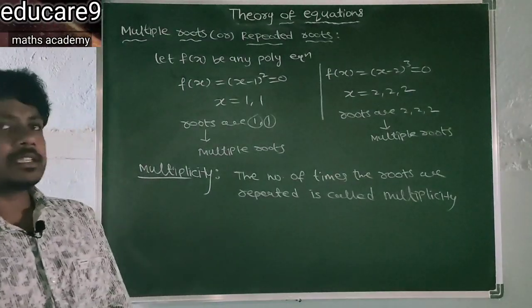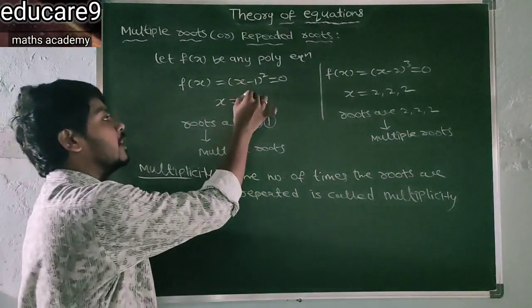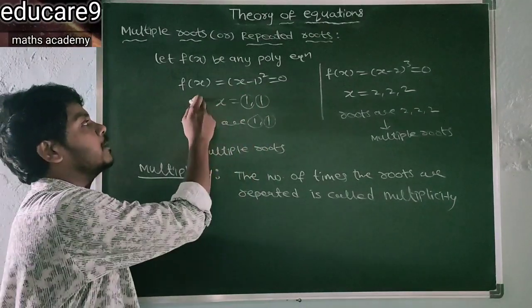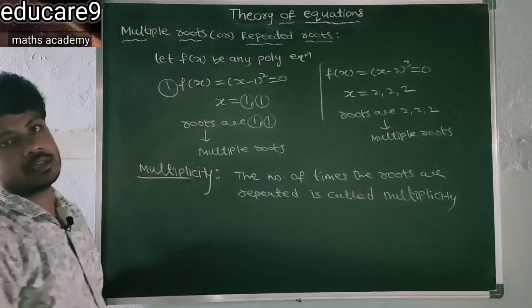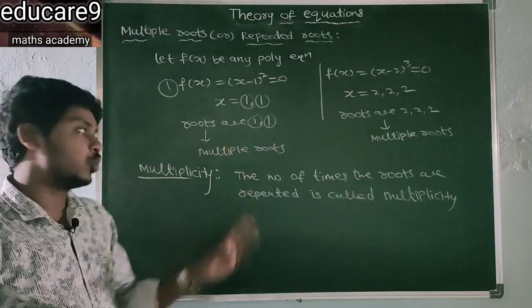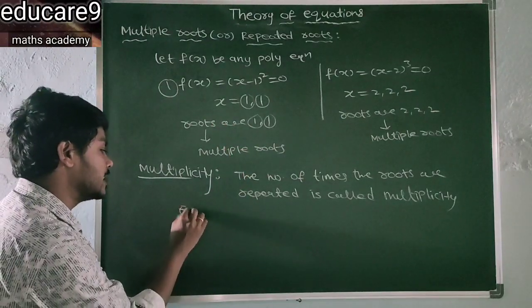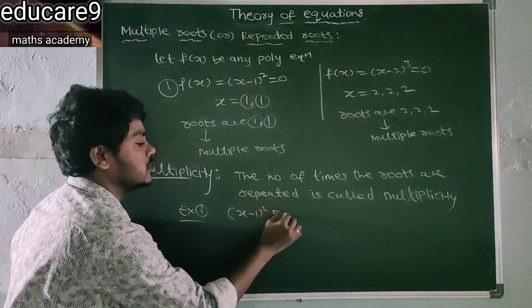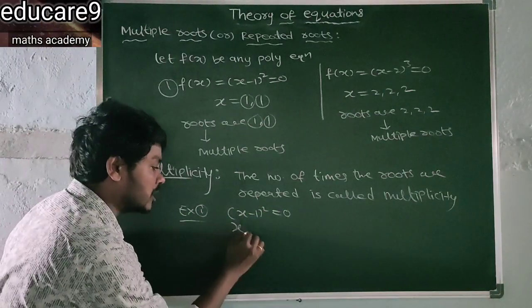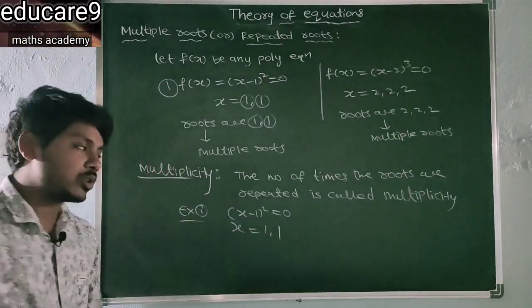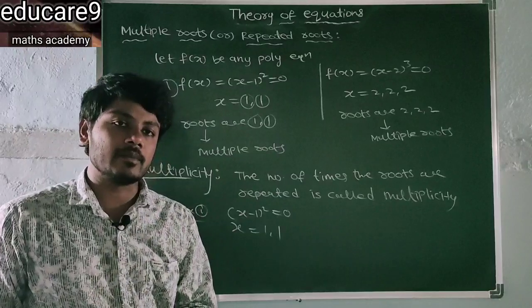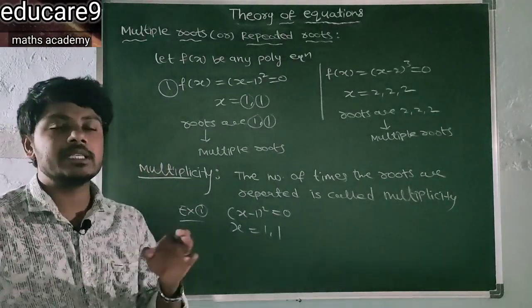In the above example, 1 is repeated 2 times, so the multiplicity of this equation is 2. See example 1, (x minus 1) whole square equals 0. The roots are 1, 1, so 1 is repeated 2 times. Therefore multiplicity is 2.